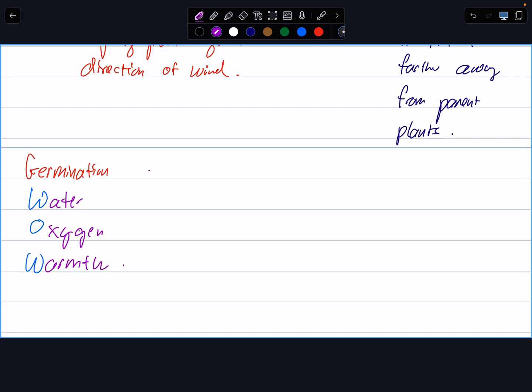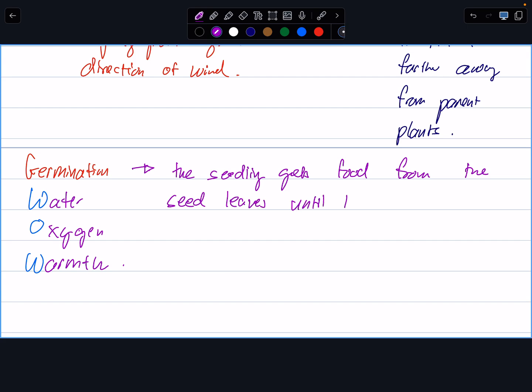So during germination, okay, the seedling gets food from the seed leaves until the true leaves appear.